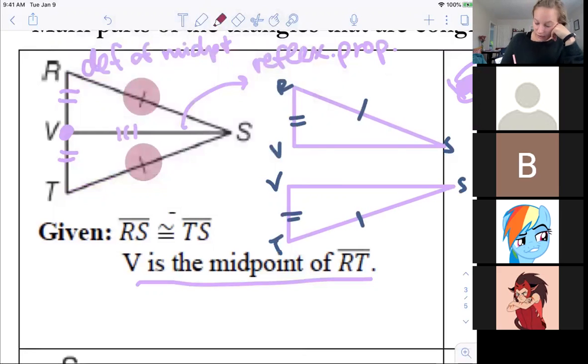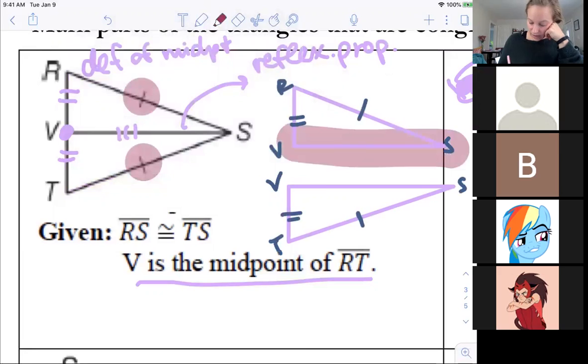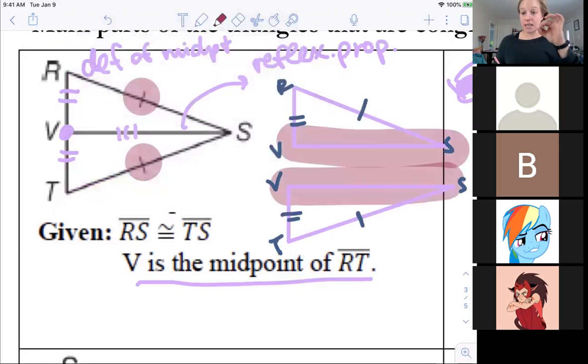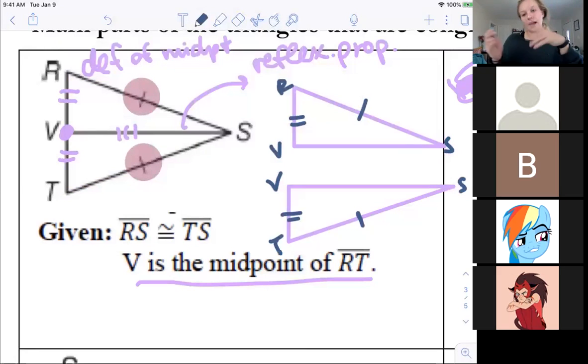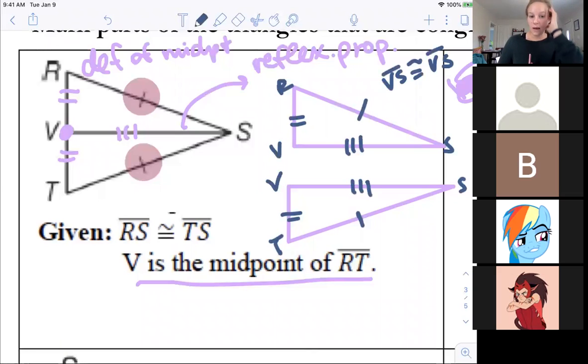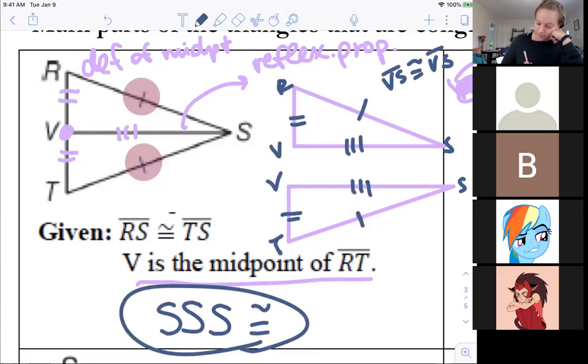I have a VS right here, and I have a VS right there. They're the same line. Reflexive property, we're used to just saying angle A is congruent to angle A. Well, this is VS is congruent to VS. This line is congruent to that line. I have all 3 of my sides congruent again, so I can call it side, side, side congruency. Reflexive is something that we're going to use a lot of, so you've got to be ready to look out for that one.